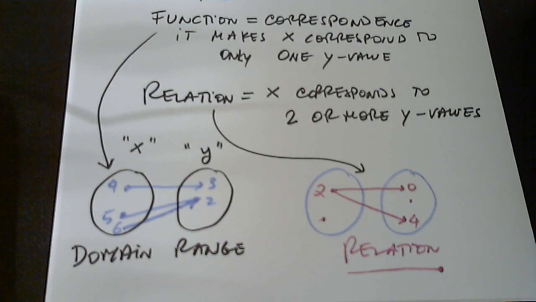Why is it important to know if a correspondence is a relation or if it is a function? Because we are going to create functions and create models, and we have to understand how to graph those functions. And if it's not a function, we need to know how to graph those, not in this class, however, in another class.